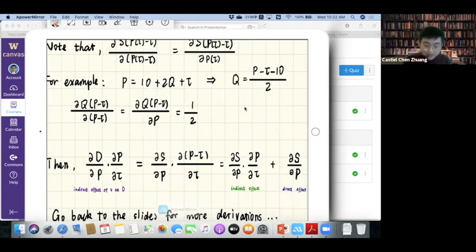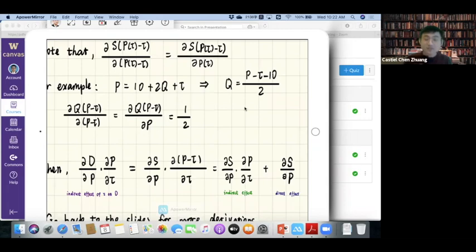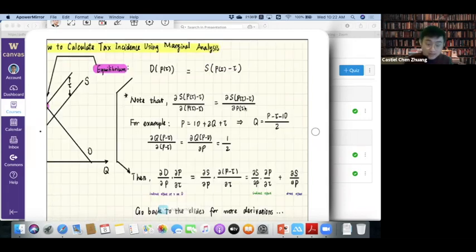And for the right-hand side, you still use the chain rule, but you have to know that the partial S with respect to P minus tau is actually equal to partial S with respect to just P instead of P minus tau. And I have an example here, and you can take a look later, so that we can simplify our equation to this.